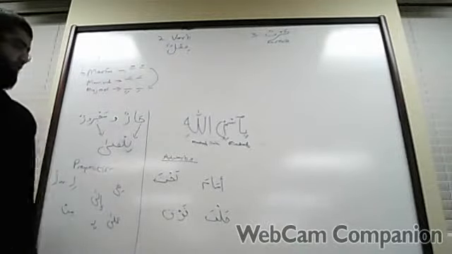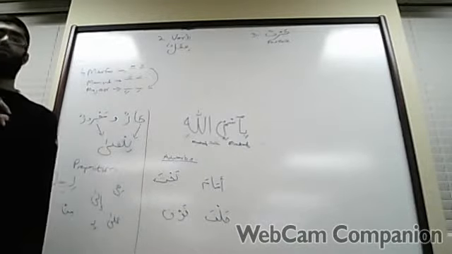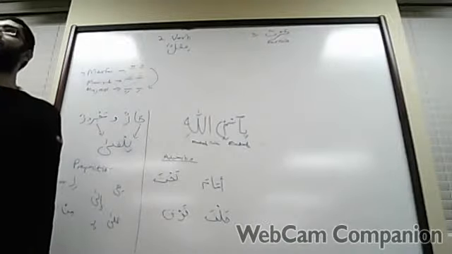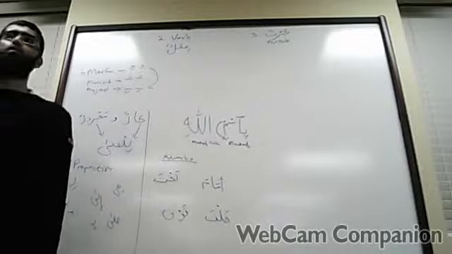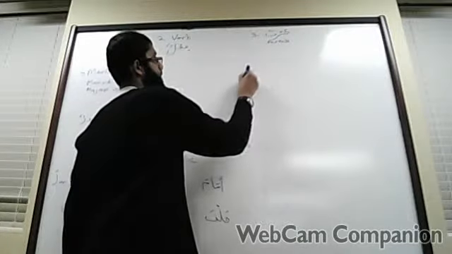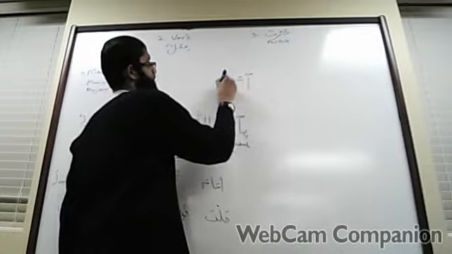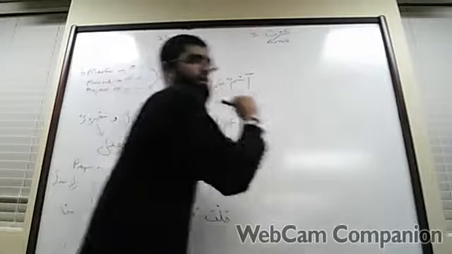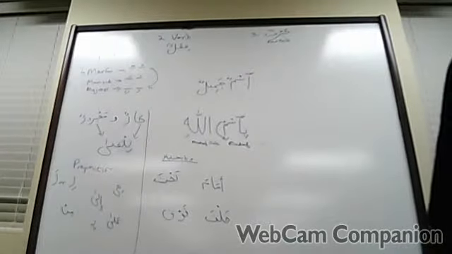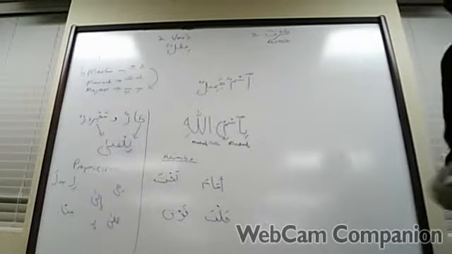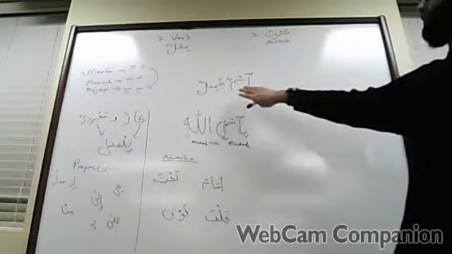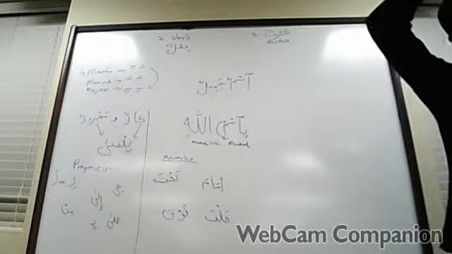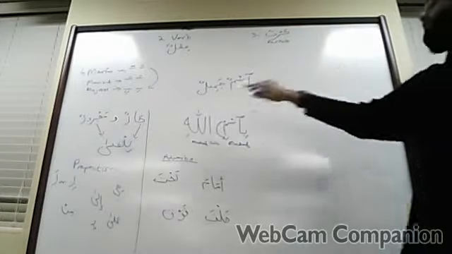Okay. And then we did na'at and man'ut, right? So if I want to say a beautiful name, how do I say that? Ismun jamilun. Where is my na'at? The na'at is the word that's describing the whatever. Jamilun, right?